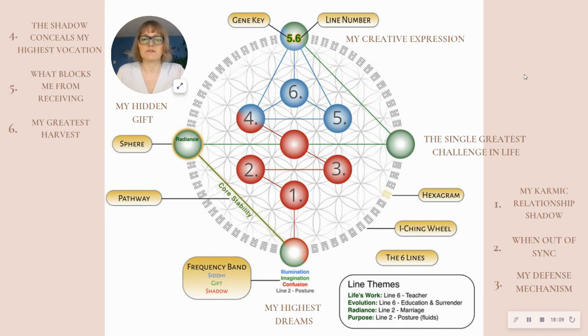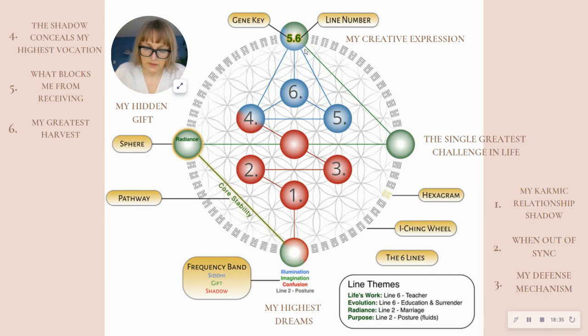All right, this is super basic. Let's just go through the chart. This is the first one, the top one. I have my Gene Keys chart here, so I'll just refer to my notes. Bear with me.